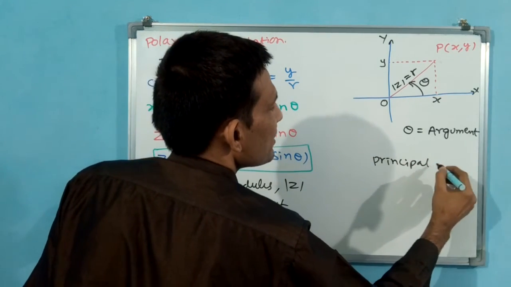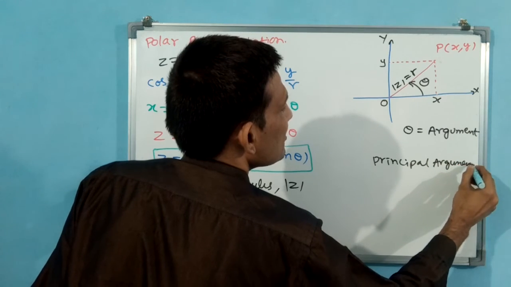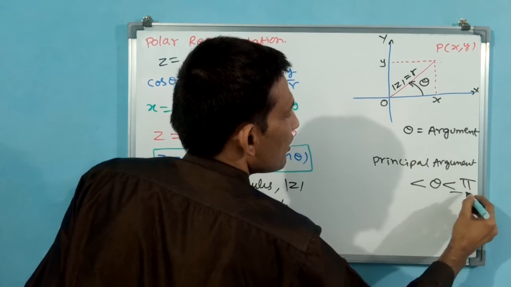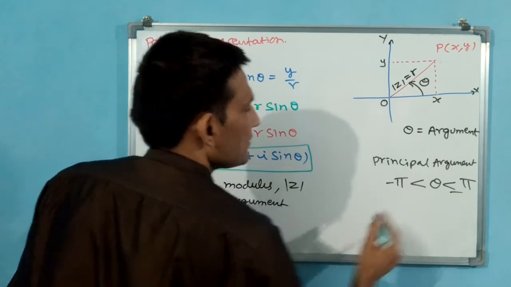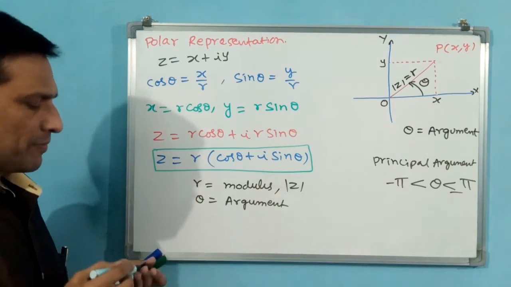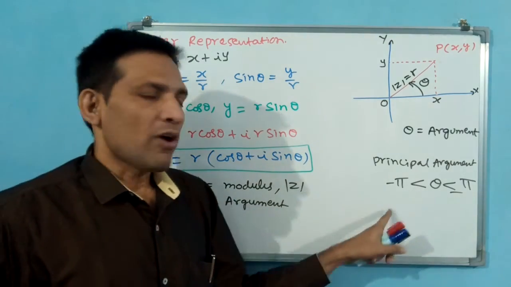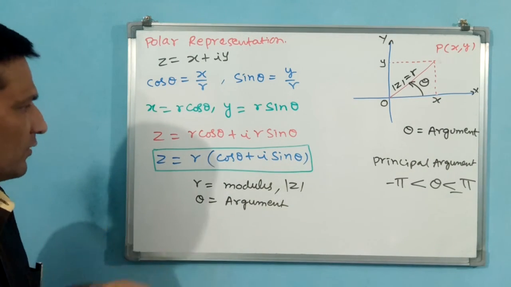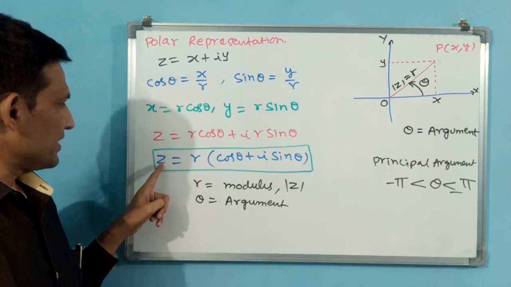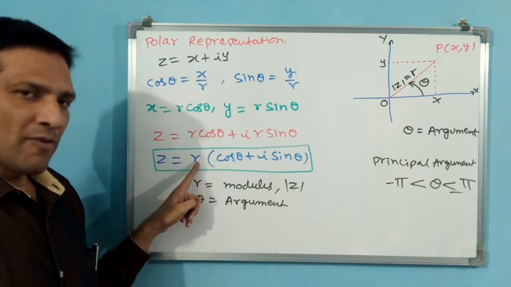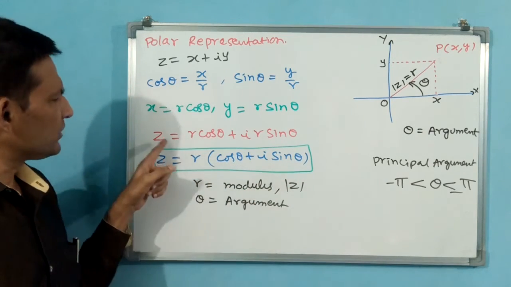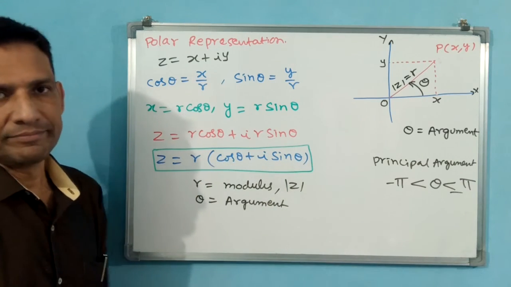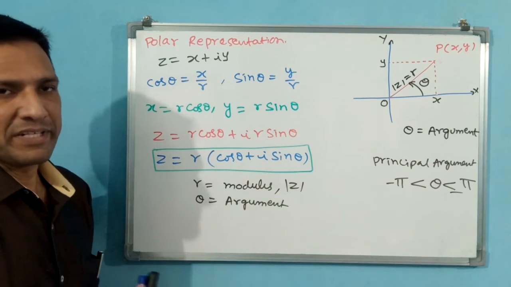Principal argument: theta will be less than or equal to pi but greater than minus pi. These are limits for argument, principal argument. Now you see, this is the polar representation: z is equal to r of cos theta plus i sin theta, or else you directly send r inside: z is equal to r cos theta plus i r sin theta.